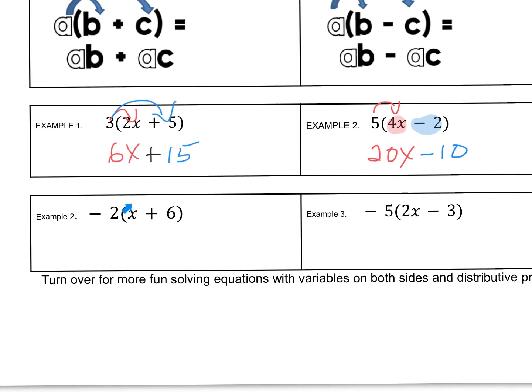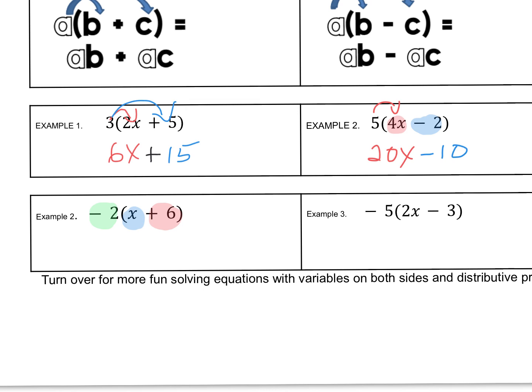So we have negative 2 times (x plus 6). Now the negative is on the outside, okay? So again, I'm going to highlight my terms. This is a negative 2 on the outside, this is a 1x, and then this is a plus 6.